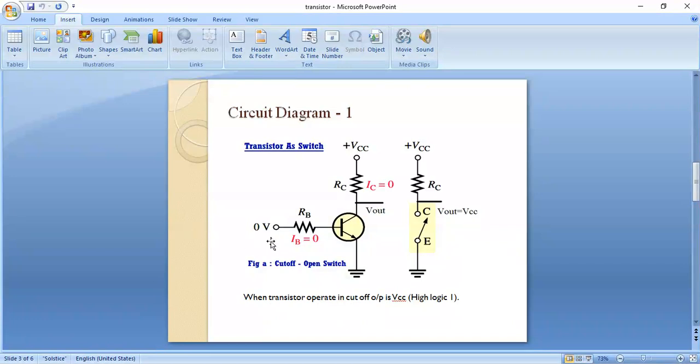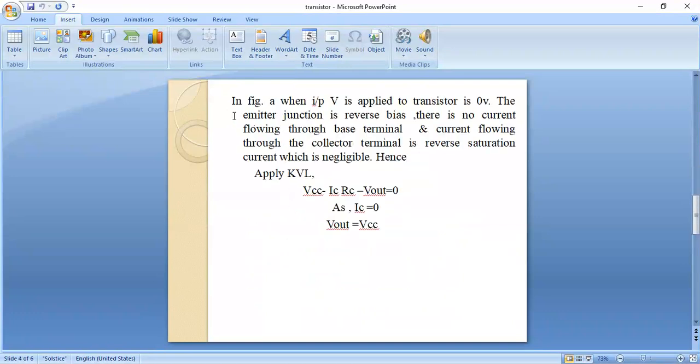So the input voltage is 0 and the output voltage is 1 when the transistor is operated in the cutoff condition. You can see in the figure, when the input voltage applied is 0 volt, reverse current is flowing at the base terminal and the collector terminal.